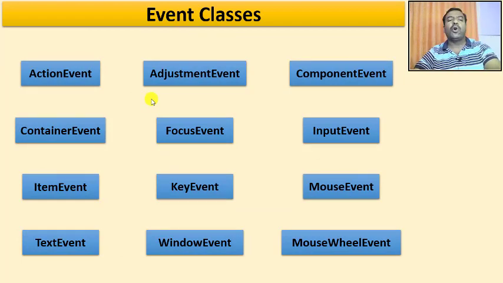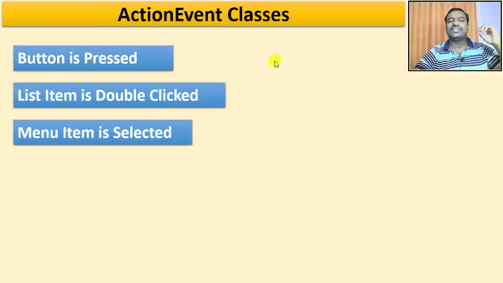Now, if I talk about the first class, the ActionEvent class: whatever action is performed from a GUI interface, as a user I need to interact with an application. Whenever I want to interact with an application, I use the GUI as an interface, to communicate with my Java application, which is graphical.